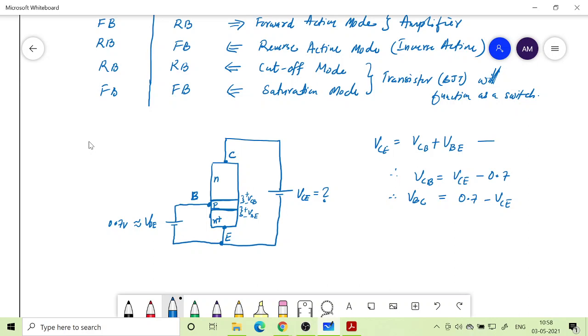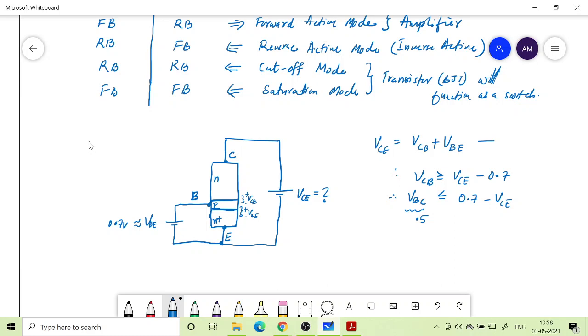So what we will say is that if VBC can be made to be something like 0.5 volt, even that is good. Ideally speaking this should be lesser. For the reverse bias condition, VCB should be greater than this.